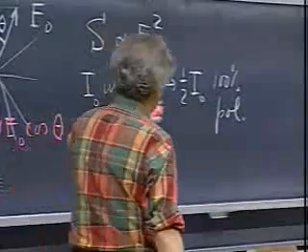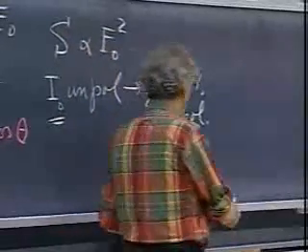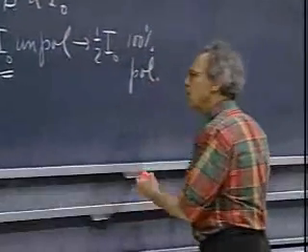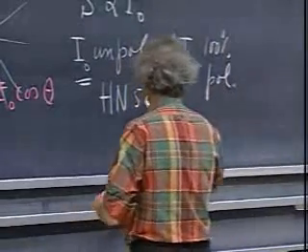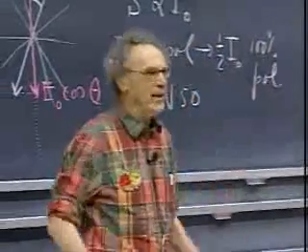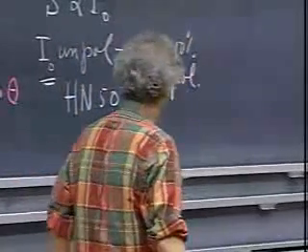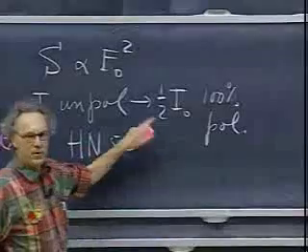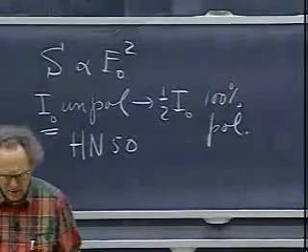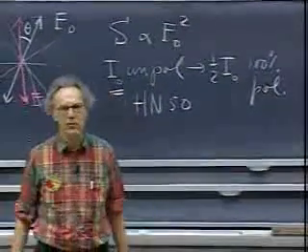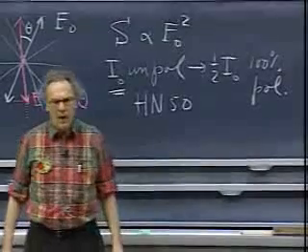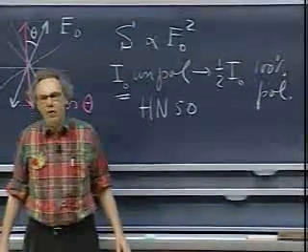If this were the case, this would be an extremely ideal polarizer. We would call this an HN50 polarizer. They don't exist, it's only in your head. And the 50 refers to the fact that 50% get through polarized. In the optics kits that we hand out today, that we will need throughout this course, you don't have HN50 polarizers. They don't exist.